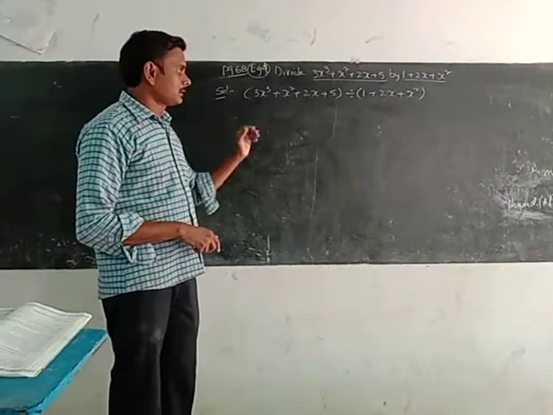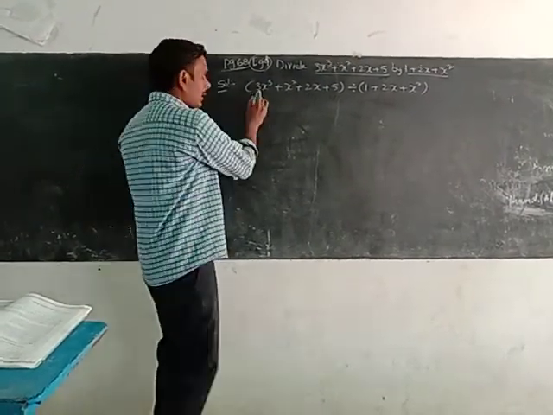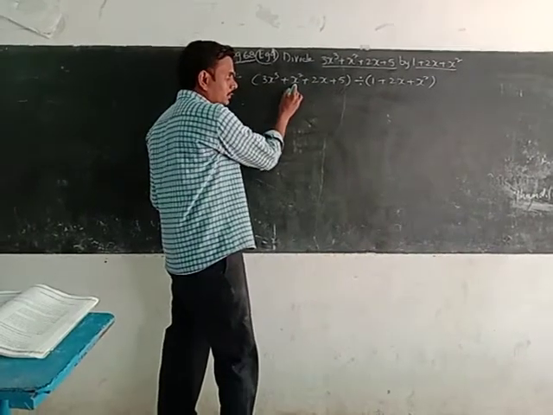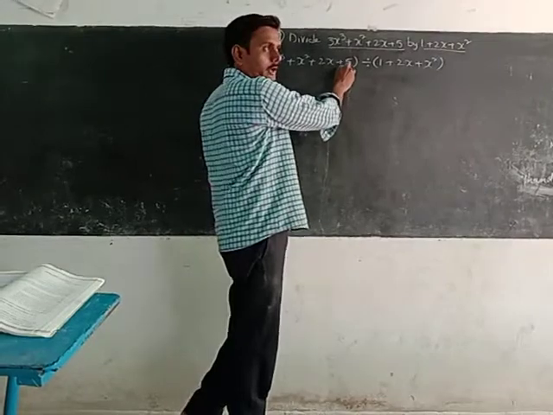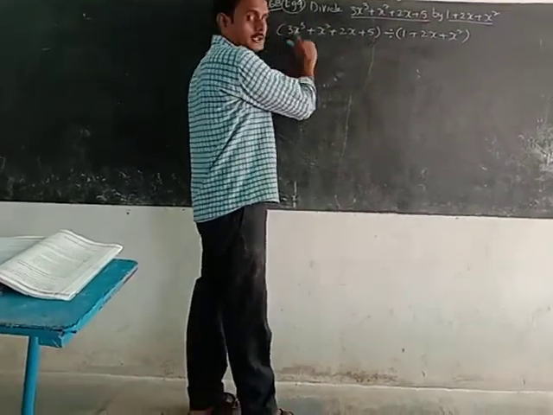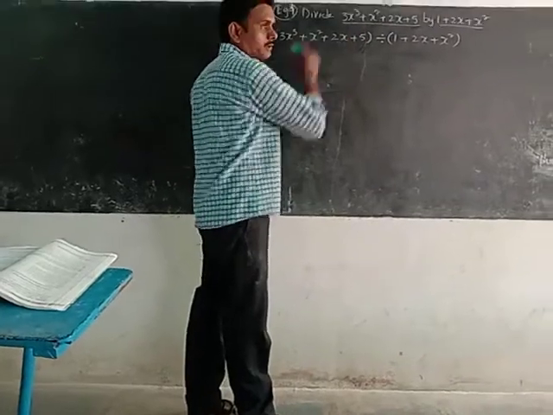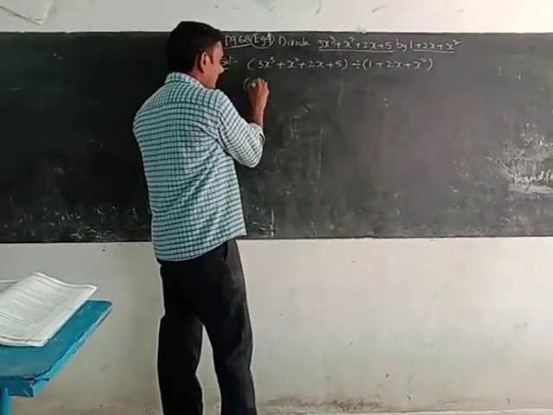Are they in descending order according to degree? What is the degree? 3. What is the degree? 2. X power 1. Constant 5, and a constant means degree is 0. These are arranged in descending order: 3, 2, 1, 0.